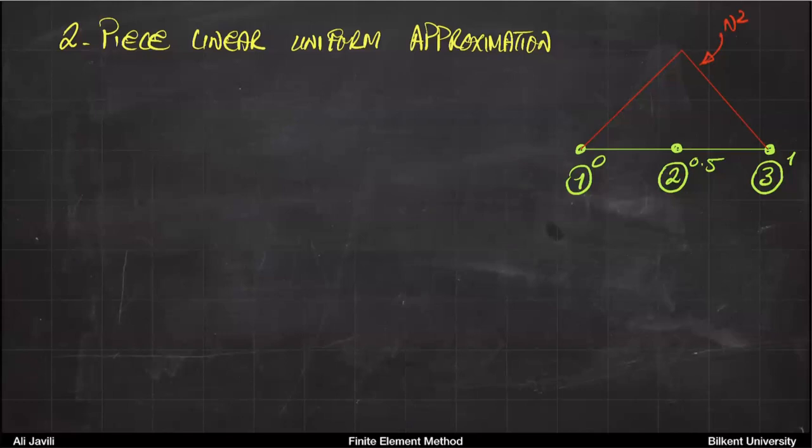Then N3 would be 1 at node 3 and 0 at other nodes. So it would look like this in this domain. So that would be N3. And then let's use, I don't know, maybe purple, or gray, for N1. So N1 would be something like this.